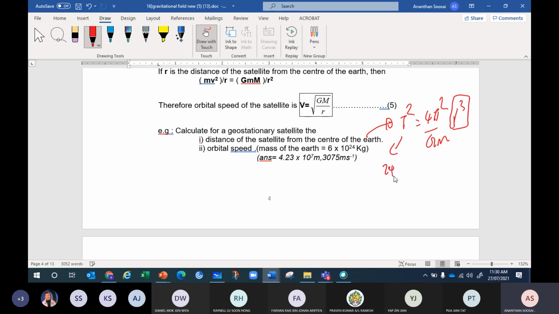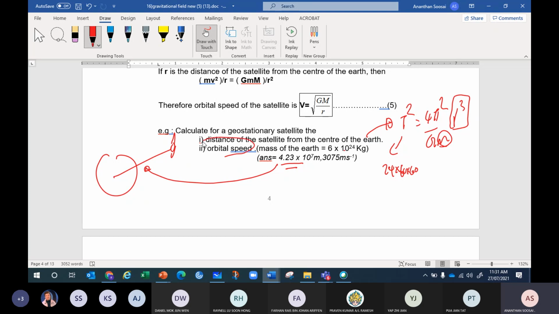For the period, you put what? 24 hours in seconds. So 24 hours times 60 times 60. Then G, and for mass, you put the mass of the Earth, which is given. You get r as 4.23 times 10 to the power 7. And this value is from the center of the Earth to the point where you want to launch.